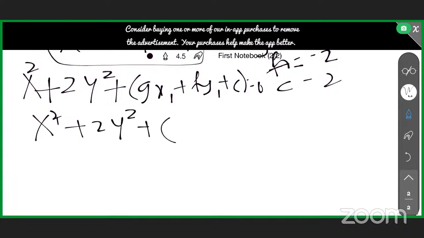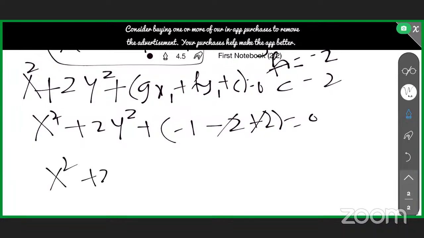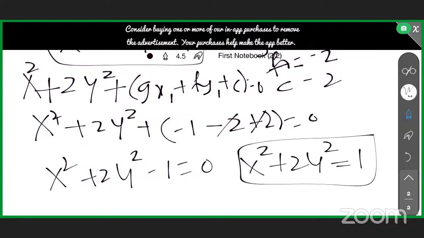What is my g value? 1 into minus 1, plus my f value is minus 2 into y1, minus 2, plus c value is plus 2, equal to 0. Plus 2 minus 2 cancels. So x square plus 2y square minus 1 is equal to 0, that is x square plus 2y square is equal to 1. Just a 1 minute problem, that's all. There is no quadratic function or binomial function here.